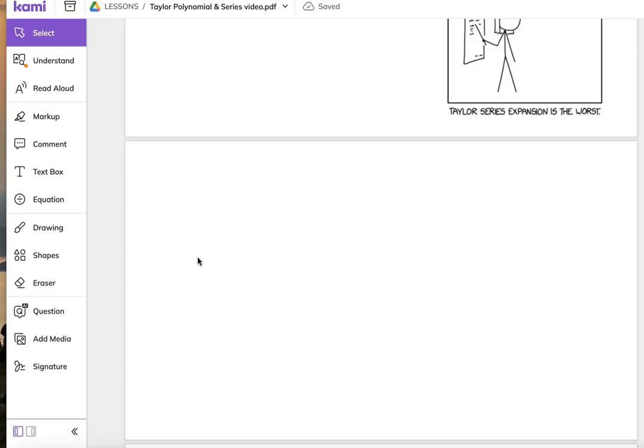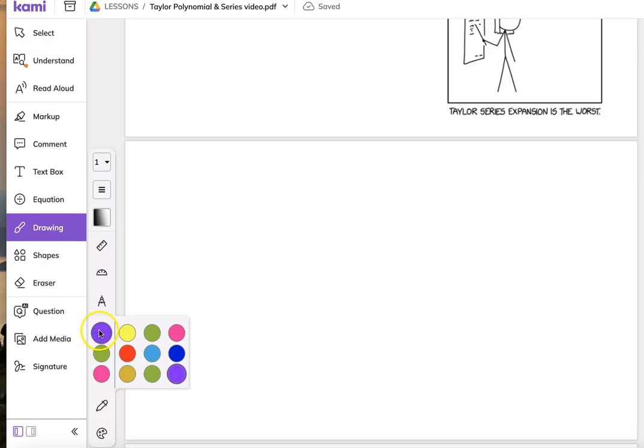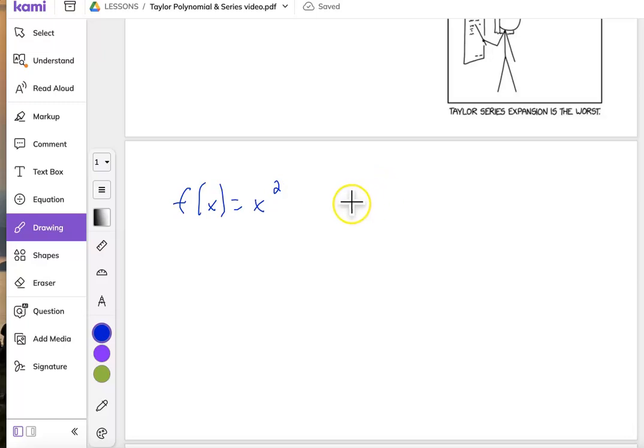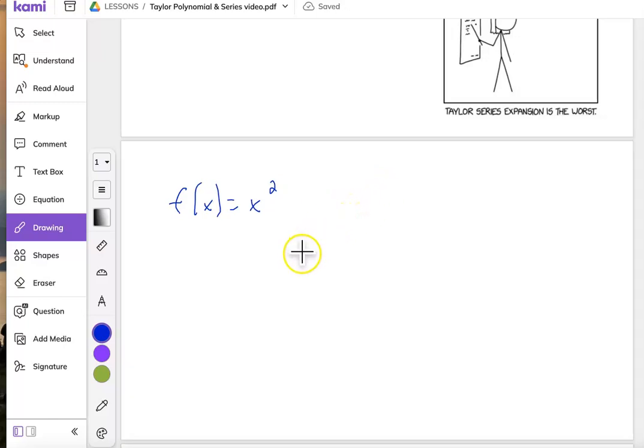Now, just going to do a little algebraic review. If we have the function f of x equal to x squared, we're familiar with that function, and that's just a quadratic function whose graph is a parabola.